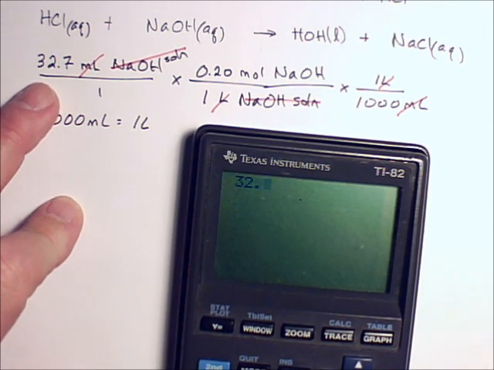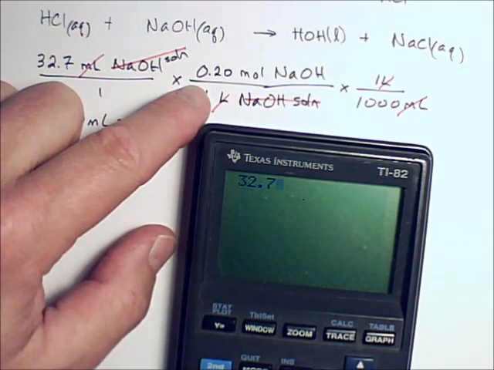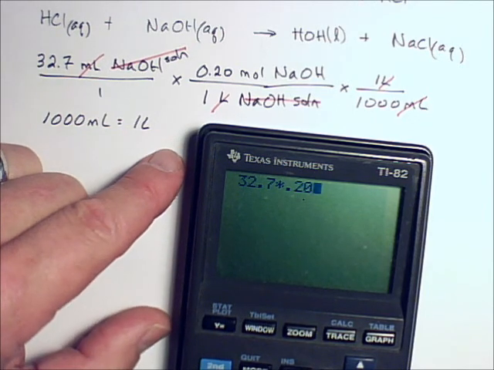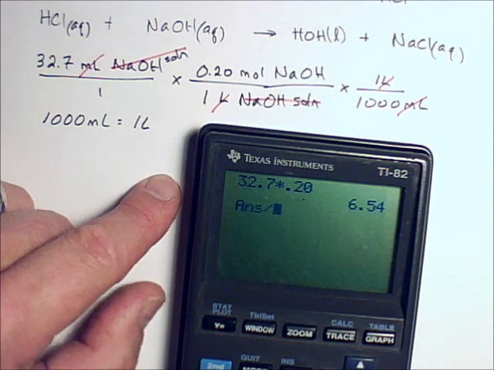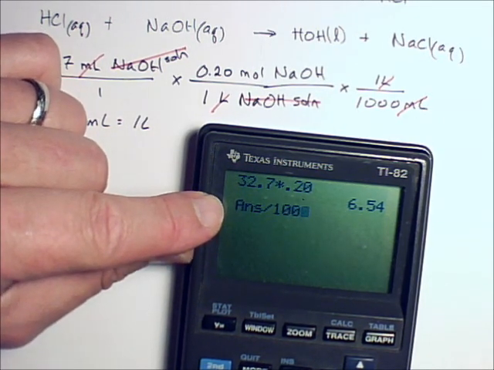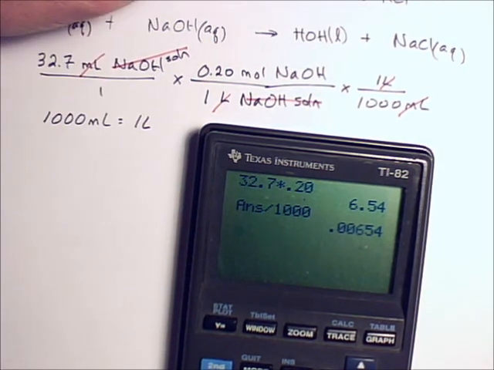So 32.7 times 0.20. And we're going to hit enter. And then we're going to divide by 1,000. When I hit the divide key, it automatically plugs the answer in for me. And we're going to divide by 1,000. And we get this answer here.